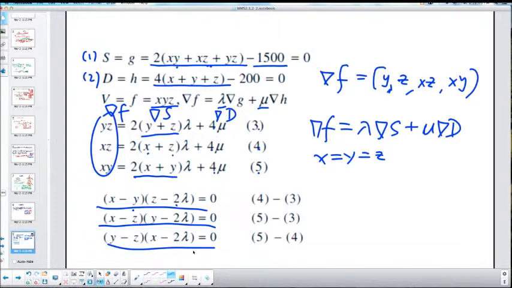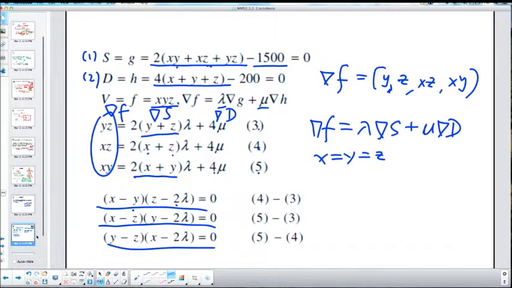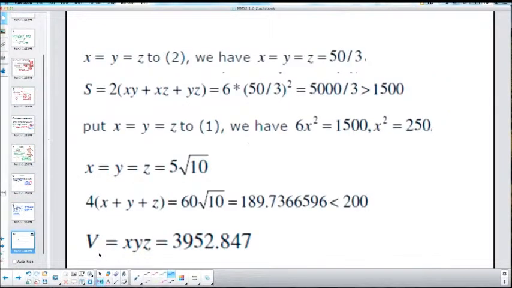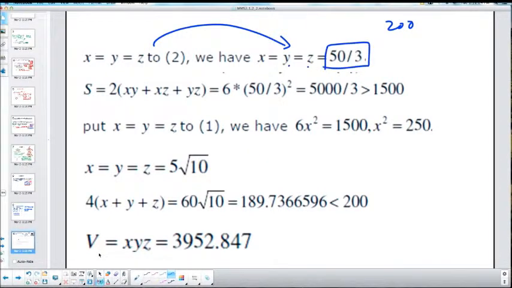You just try to get the maximum, and what you do is let x equal y equal z and plug into the total length, which is 200. So you get x equals y equals z equals 1/3 of 50. But does this solve the problem?